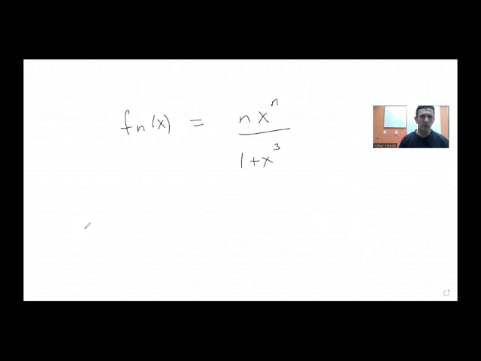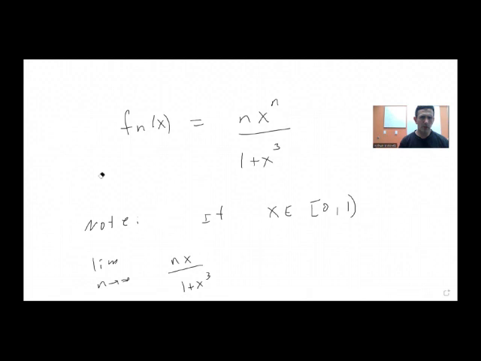One thing is clear: if x is in 0 to 1, then this here is going to be 0, because I don't care what x is, the denominator is between 1 and 2. So the denominator is bigger or equal to 1, so this is less than or equal to this limit. And because x is between 0 and 1, this is 0.